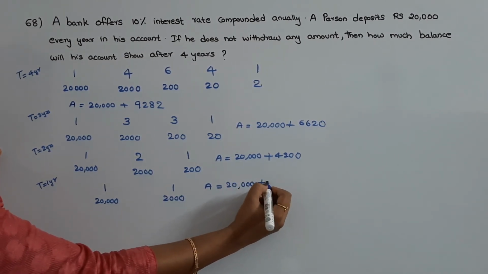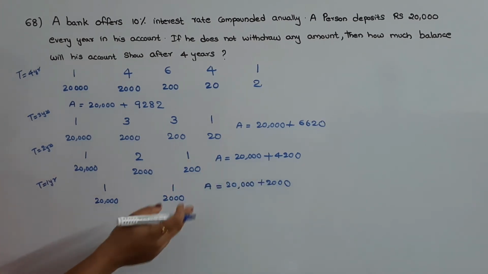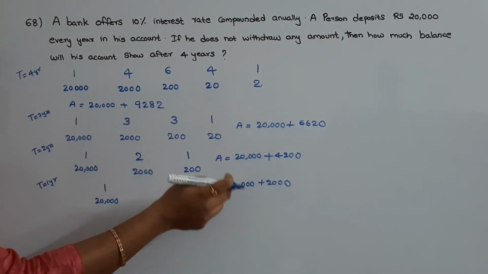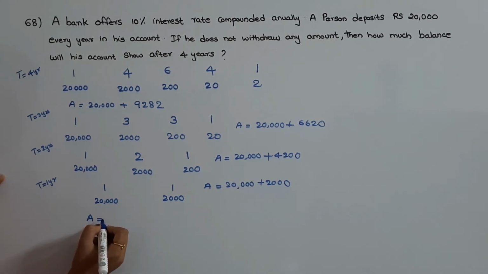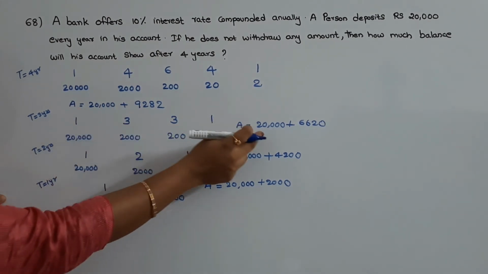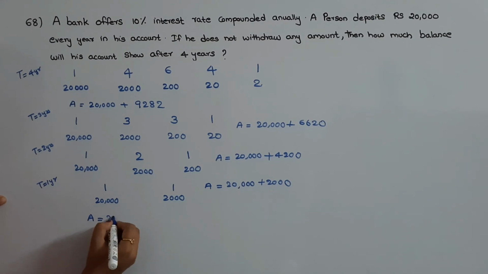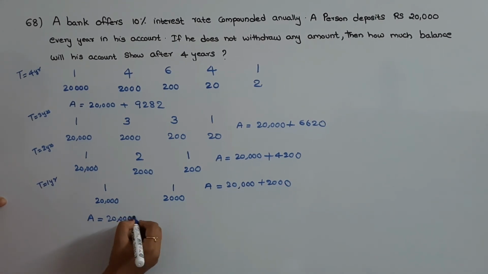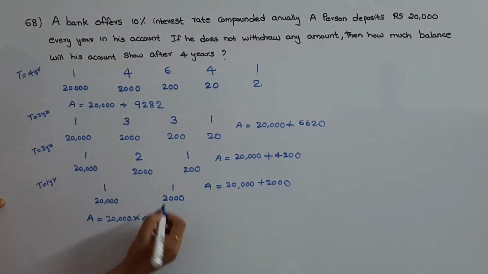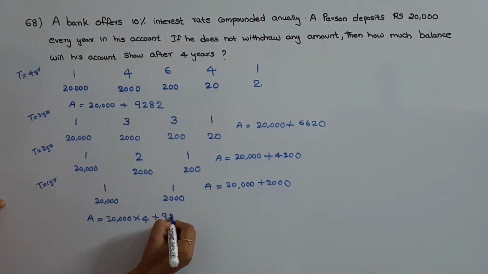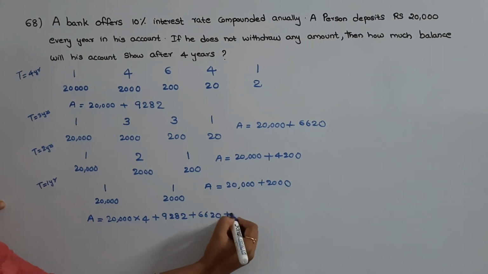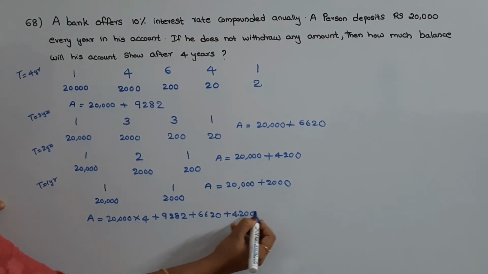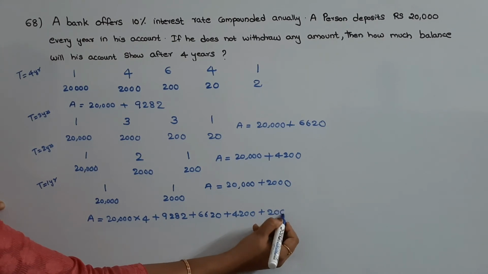Now on adding all these amounts, we will get the total amount. So total amount will be equal to 20,000 is 4 times. So 20,000 into 4 plus 9,282 plus 6,620 plus 4,200 plus 2,000.